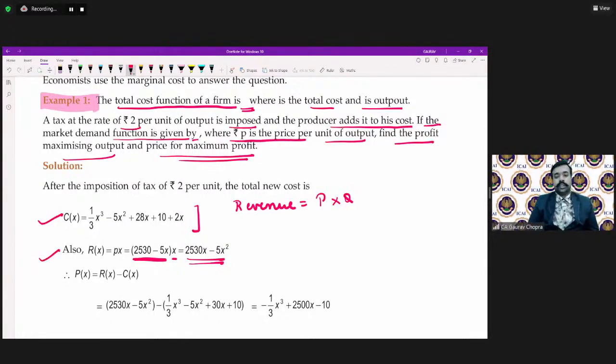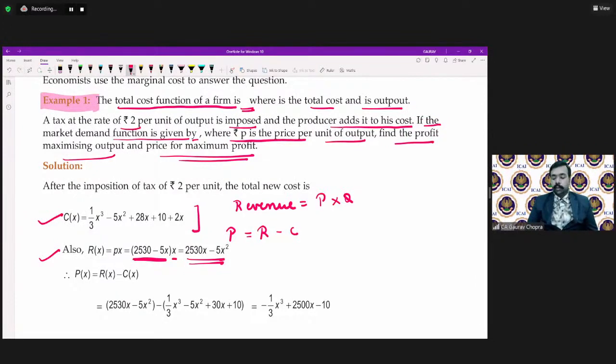We are given the cost function, we are given the price function, and we have calculated the revenue function. Now what will happen when we deduct cost from revenue? We will get the profit. Profit means revenue minus cost.